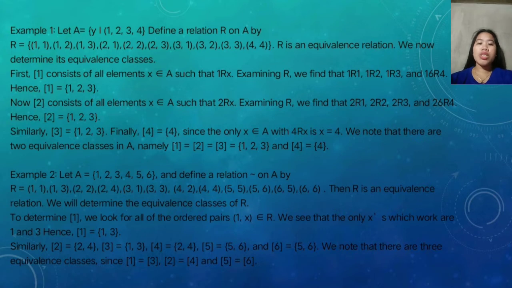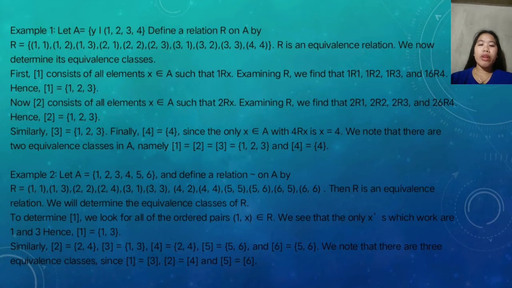First, [1] consists of all elements x in set A such that 1 R x. Examining R, we find that 1 R 1, 1 R 2, 1 R 3, and 1 is not related to 4. Hence, [1] is equal to {1, 2, 3}. Now, [2] consists of all elements x in set A such that 2 R x.